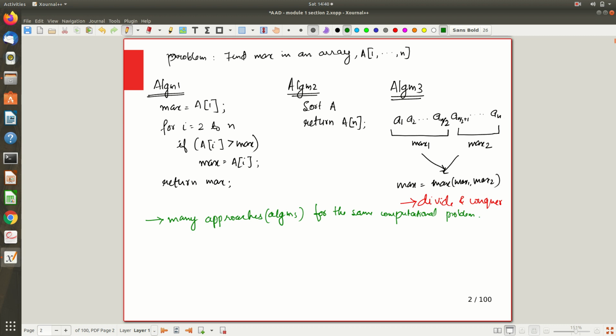Now out of all these different approaches, one can think about which is the best one, right? So which will be the best way to solve the problem?